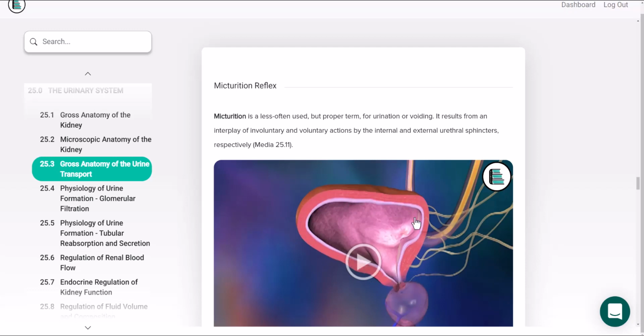So as urine collects in the bladder, it begins to fill the bladder. That increased pressure down here on the smooth muscle of the internal sphincter gives you the urge to go to the restroom. But isn't it interesting that when you then go to the restroom and you now send voluntary signals to release the external sphincter, think about this for a second.